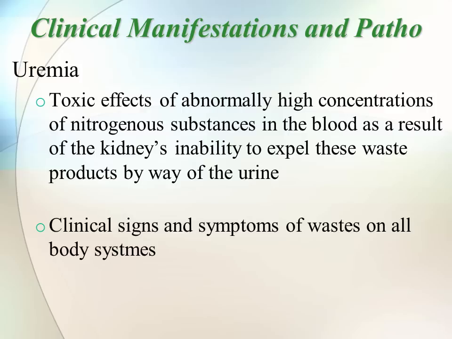Uremia is increased levels of urea, creatinine, phenols, hormones, electrolyte disturbances. All of these things result in clinical manifestations of the body systems.